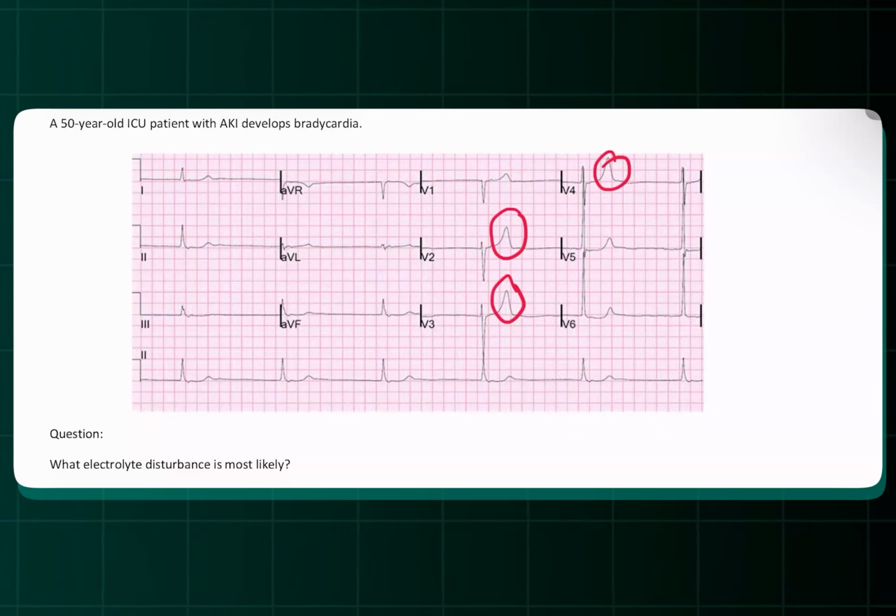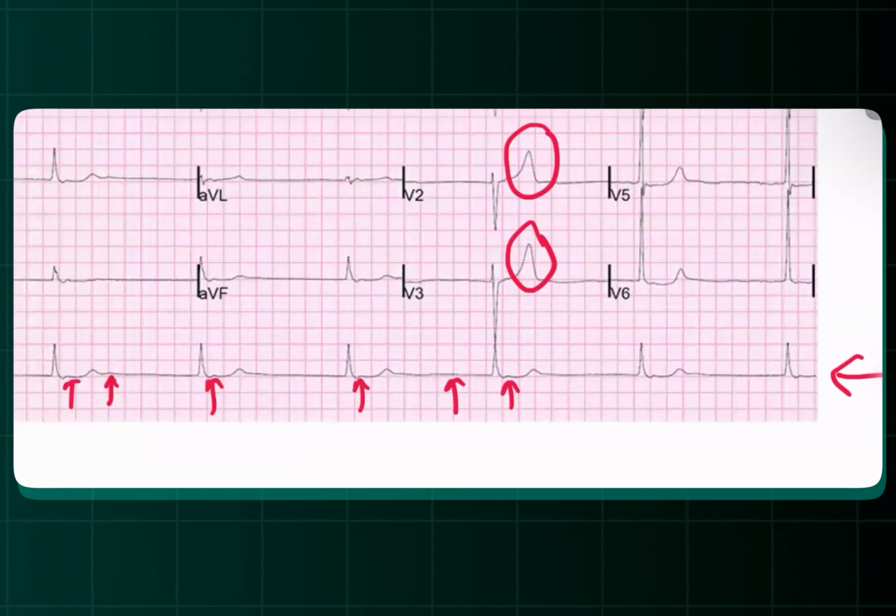But if you see the last lead, that is the rhythm strip, you see something there. There is a P wave here, small P wave here, small P wave here, small P wave here. See?